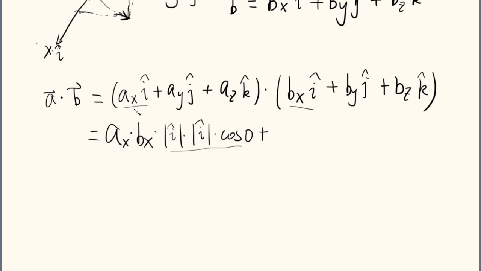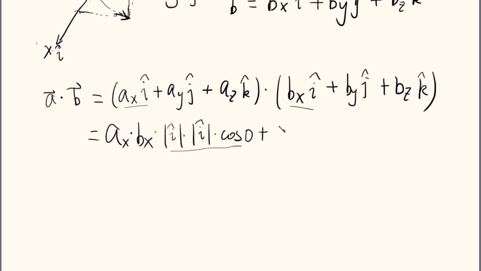And then AX I roof times BY J roof. I and J are perpendicular to each other. These two vectors are perpendicular to each other.